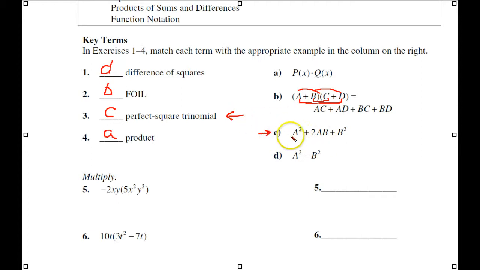And that'll be one of the topics we go over. And then the product simply implies that you are multiplying your P times Q and your X times X. It implies or indicates multiplication.